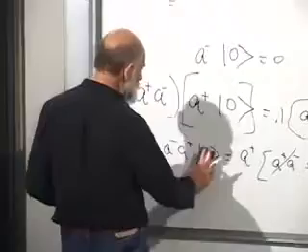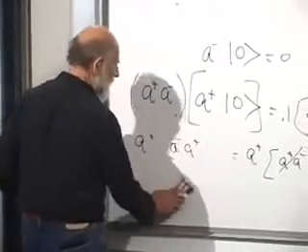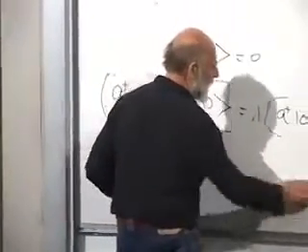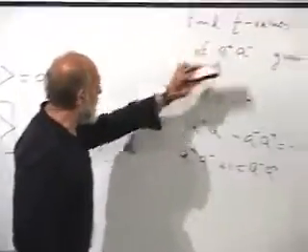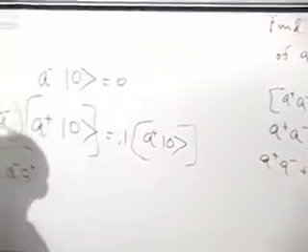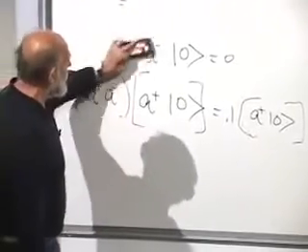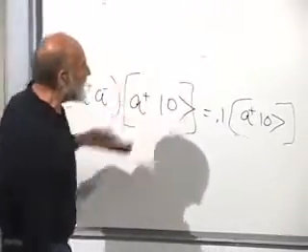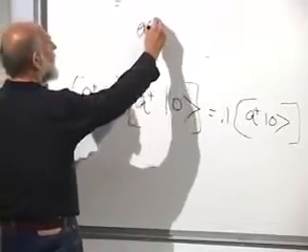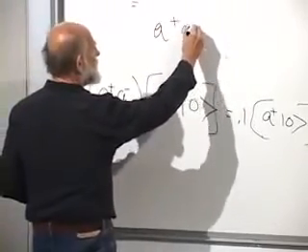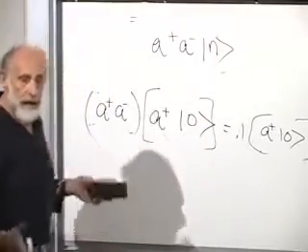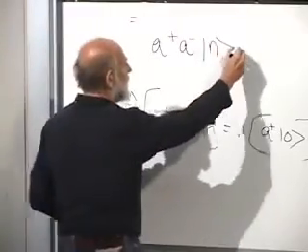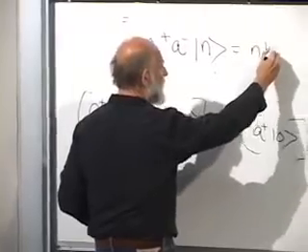In fact, supposing we have an eigenvector of A plus A minus with eigenvalue n. In other words, supposing we have found a solution, A plus A minus on some vector which I'll call n is equal to n times n.